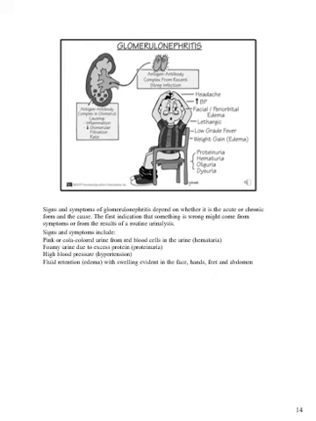Signs and symptoms include pink or cola-colored urine from red blood cells in the urine, or hematuria; foamy urine due to excess protein, or proteinuria; high blood pressure, which is hypertension; and fluid retention, or edema, with swelling evident in the face, hands, feet, and abdomen.